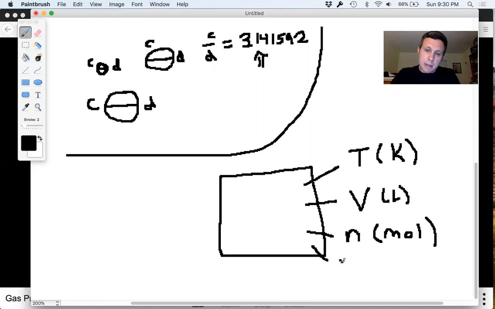And the last thing we can measure about a gas is P, pressure, which we're going to measure in atmospheres. At sea level, pressure of the atmosphere is 1 atmosphere. That's what that means.